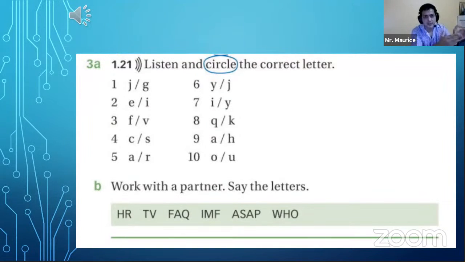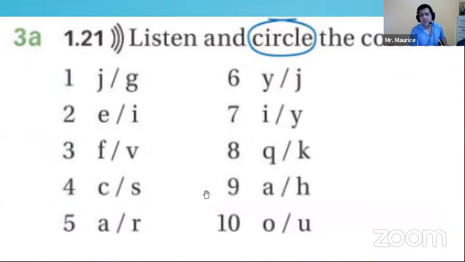In the activity number 3, the one you see, I want you to take your notebook or a piece of paper and pencil or a pen, and listen and decide which is the correct option. In this activity, we have 10 exercises.